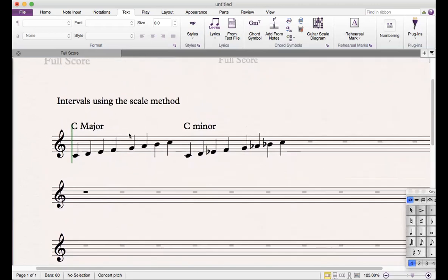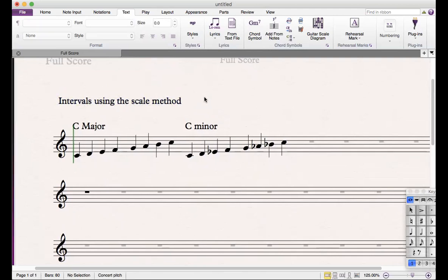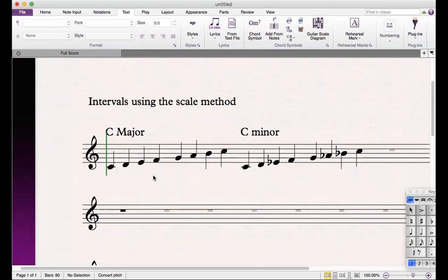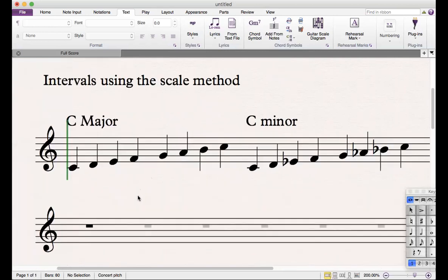You may or may not have used what's called the scale method in terms of learning your intervals. What is the scale method, you're asking? Well, you know your C major scale versus the C natural minor scale. Now, if you were to picture that you are measuring the distance from the bottom note to the next note.